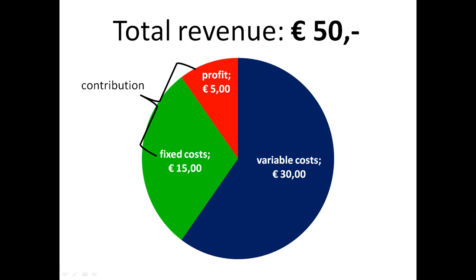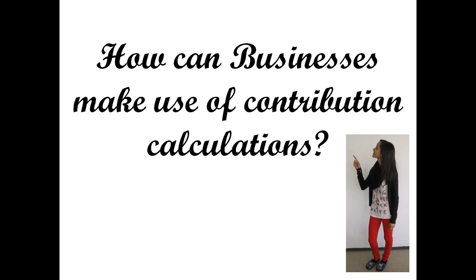Pie chart number 2 shows how the total revenue of 50 euros is divided between variable costs, 30 euros, fixed costs, 15 euros, and profit, 5 euros. Note that the value of contribution, 20 euros, is equal to the value of fixed costs, 15 euros, and profit, 5 euros, added together.